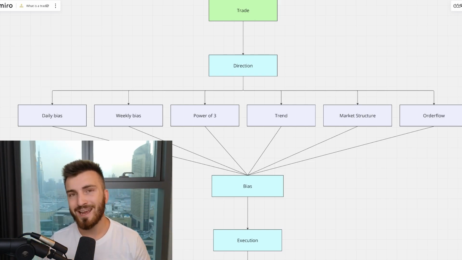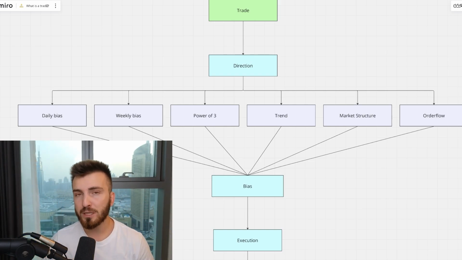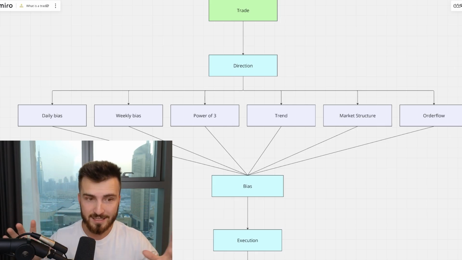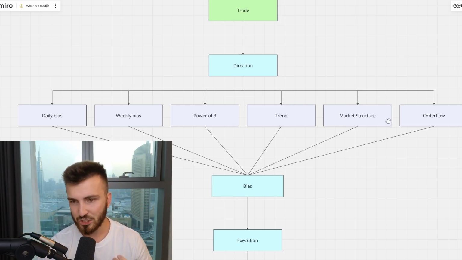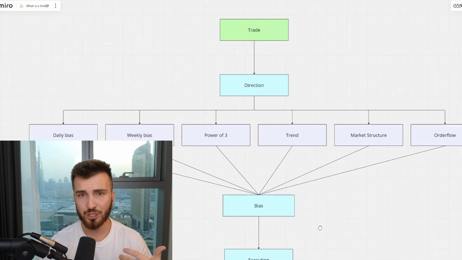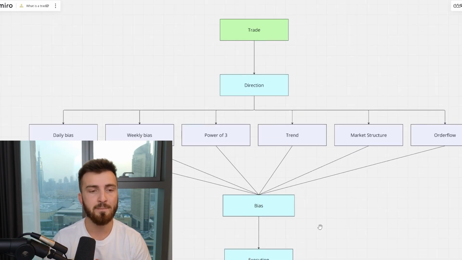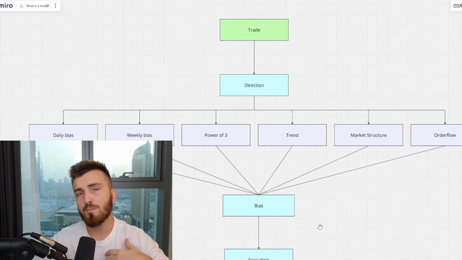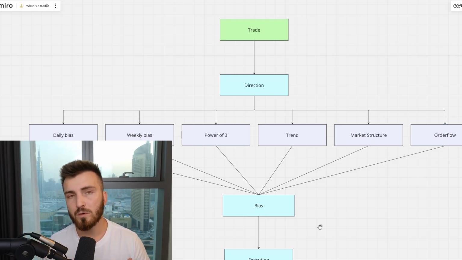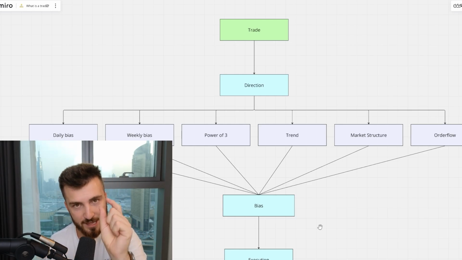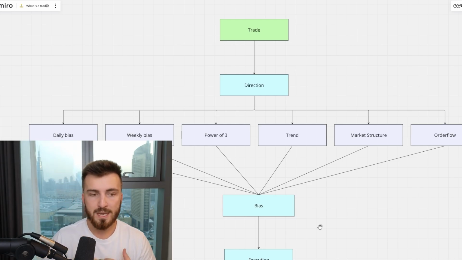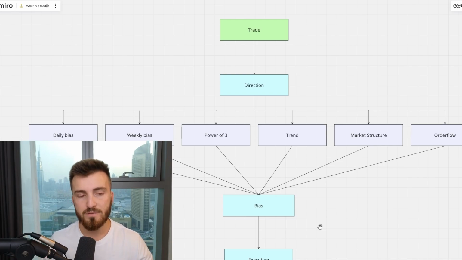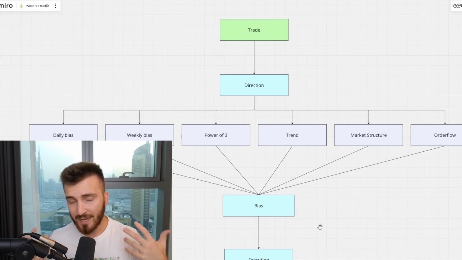But if you trade in line with the direction that you believe the market is going in, and you let the market do what we will mention on the execution, and through the rest of the bootcamp, waiting for the manipulation, waiting for the liquidity, waiting for market structure to align, you'll notice that the steps to becoming profitable are basically just there on the execution. And so understanding the direction is going to be one of the most important things that we will do, and we'll focus on that a lot in this bootcamp.